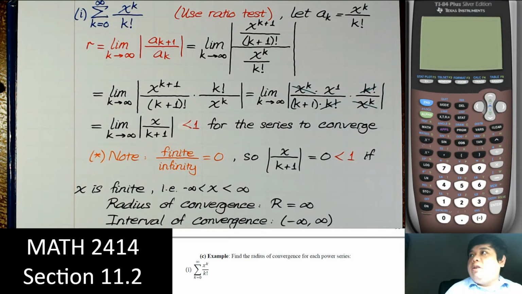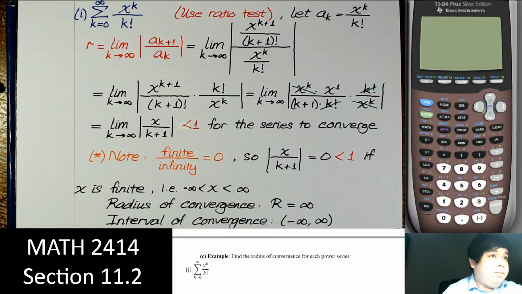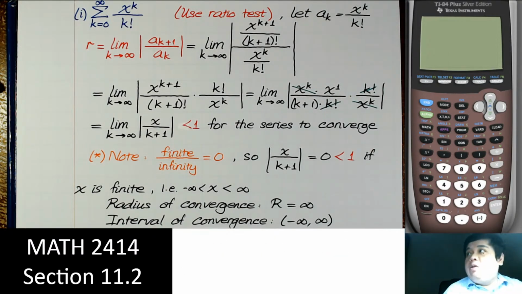Right, so that is the first case. We will find the radius of convergence and then the interval of convergence.